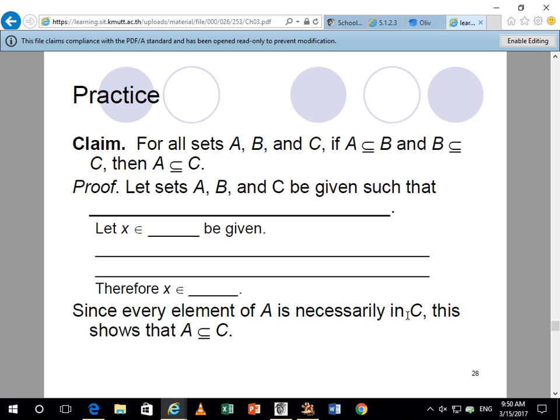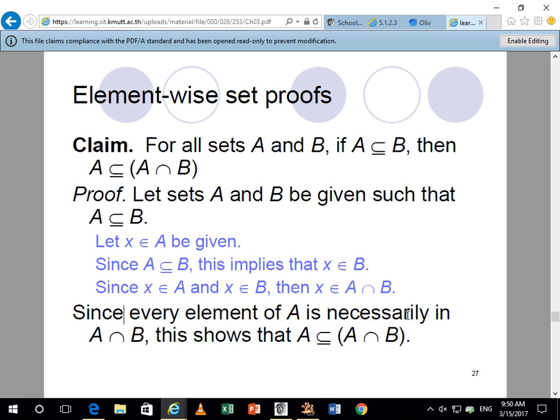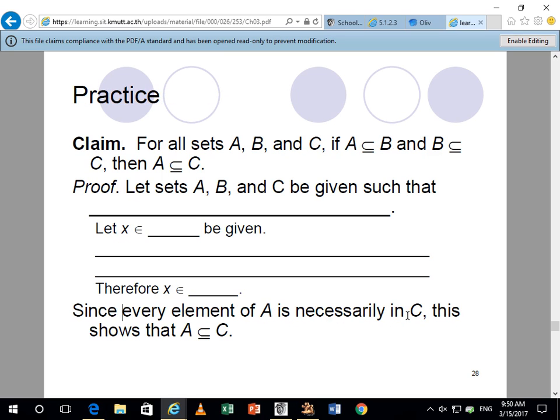So we have sets A, B, C. So let's follow the same format. So previously we have this. Let sets A and B be given such that A is this. So what do we do here?